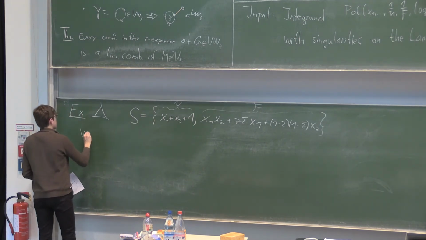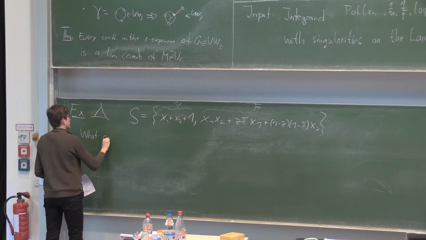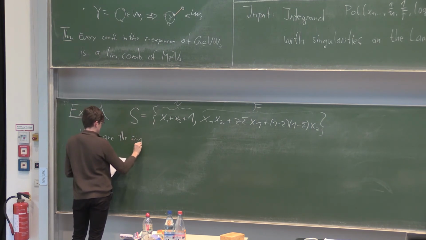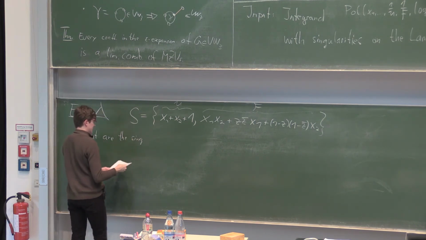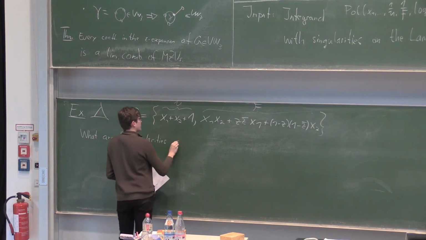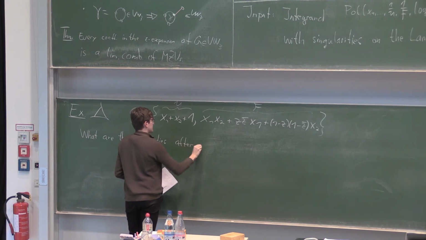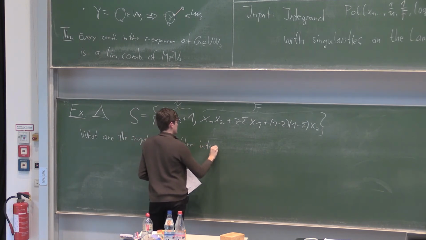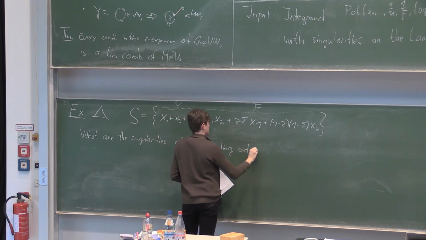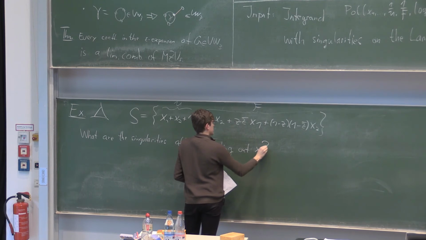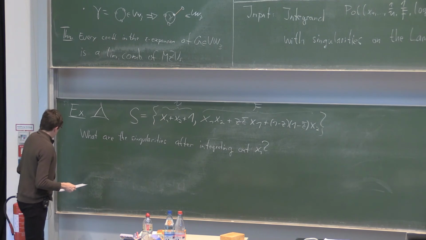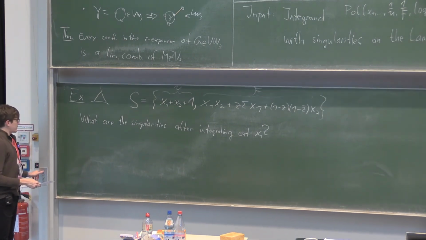Now the question is, what are the singularities after we do the first integration? And we did this very explicitly by taking the explicit integrand we had, right?